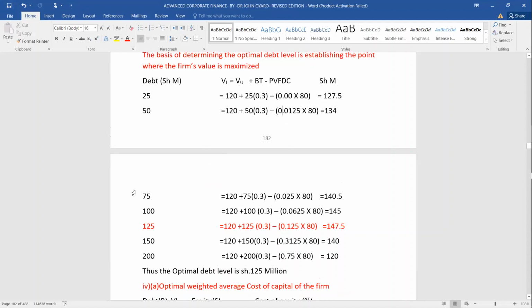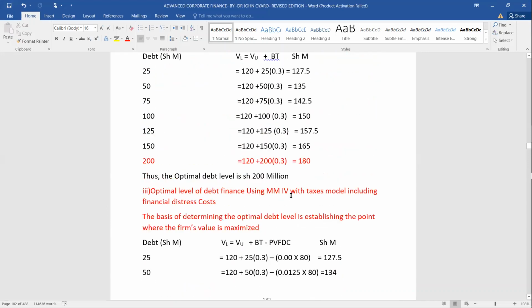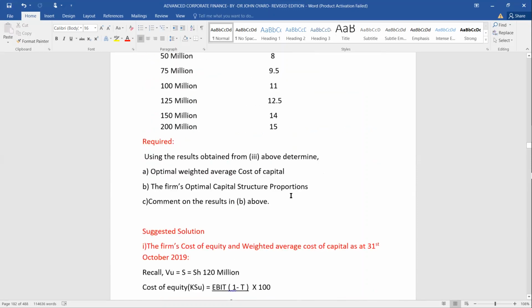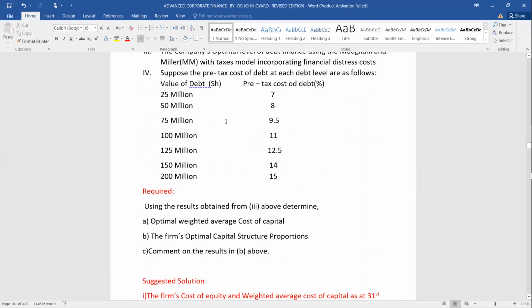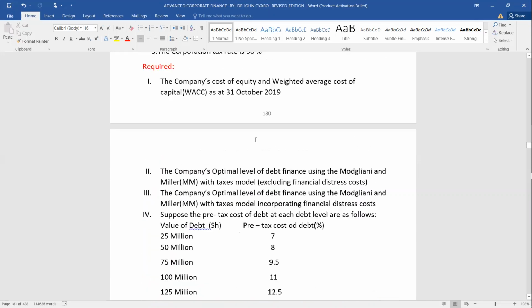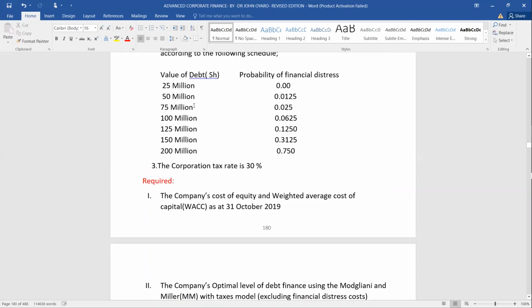Now, at 75 million, if debt is 75 million, that is 120 plus the amount of debt times 0.3 minus the present value of financial distress costs. The probability of financial distress at 75 million debt is 0.025.